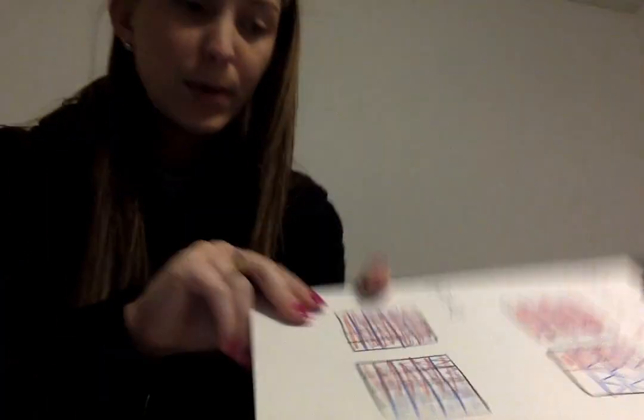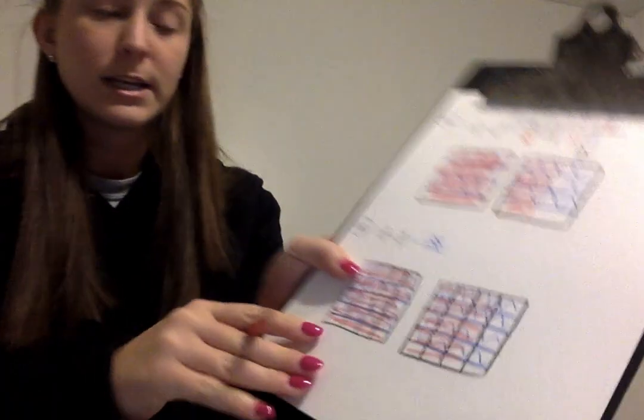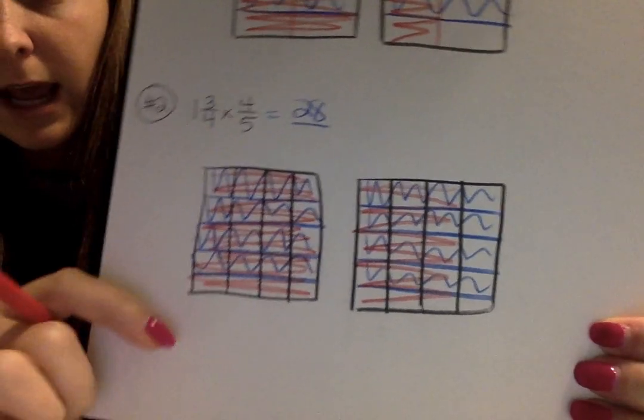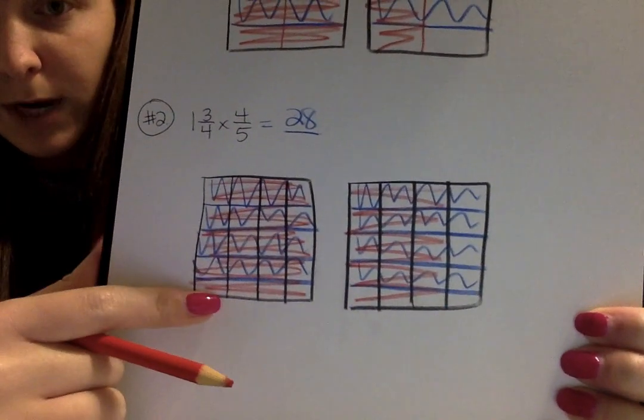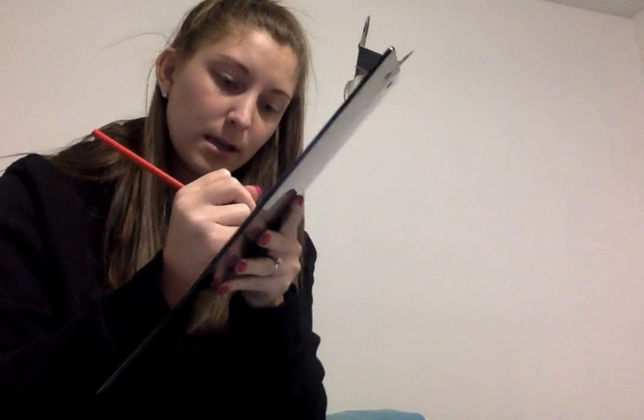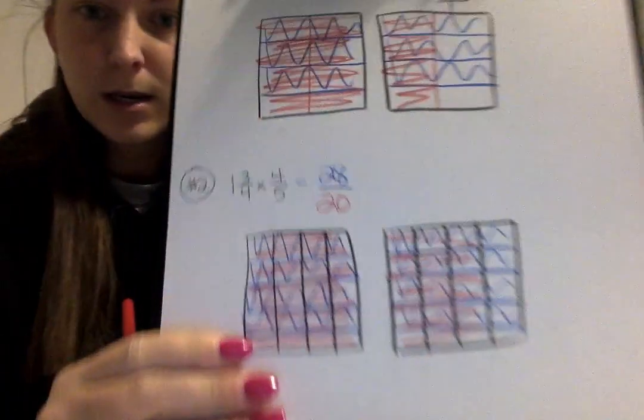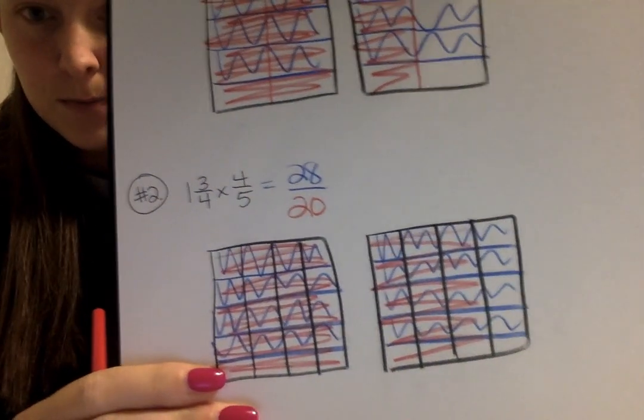So I've got 28 pieces shaded in blue and red. That is my denominator. Or I'm sorry, that's my numerator. And then how many pieces do I have inside of each rectangle? Well, I have 20 pieces. So my fraction's going to be 28/20.